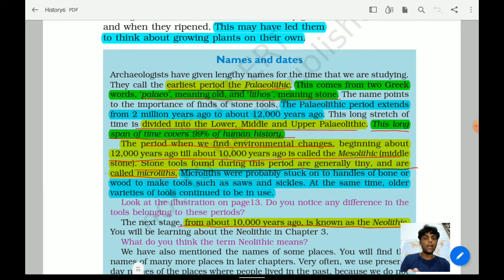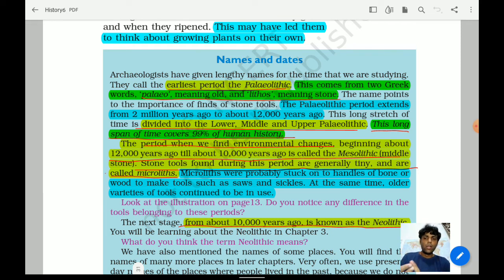After that the changes in the environment occurred. So there are three parts of the Paleolithic: lower Paleolithic, middle Paleolithic, and the upper Paleolithic period.